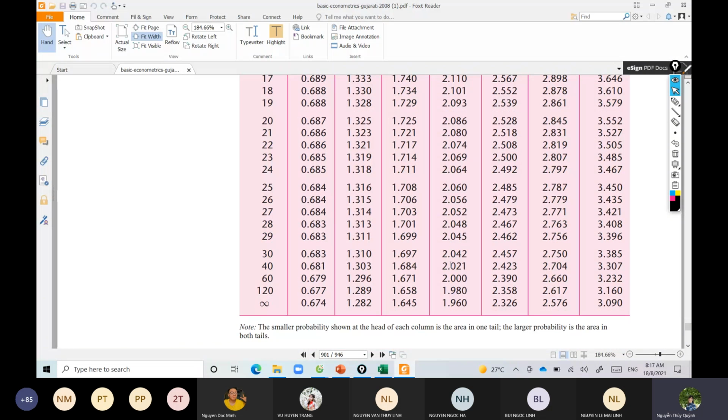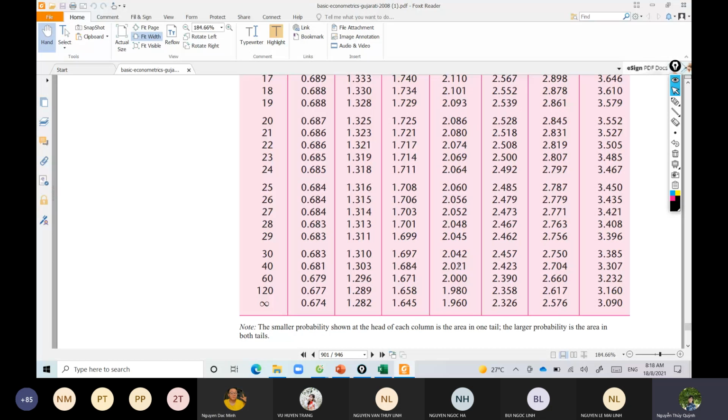What is the value of it? We will take the average of 2.04 and 2.02, right? We will get 2.03. That is the critical value of t in this case.